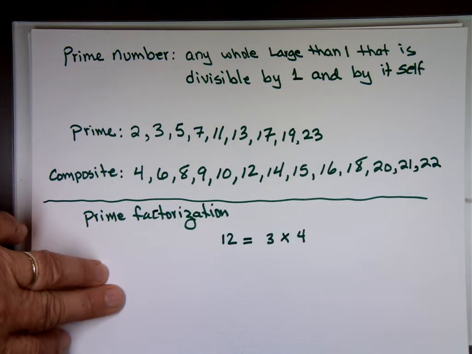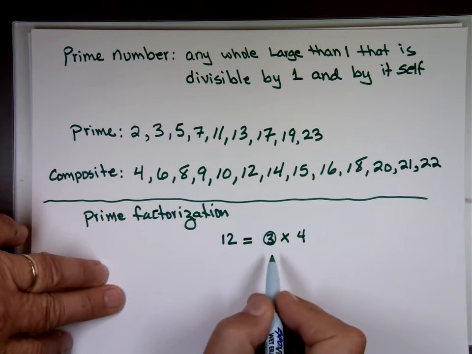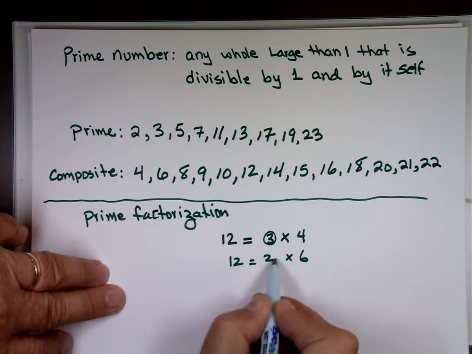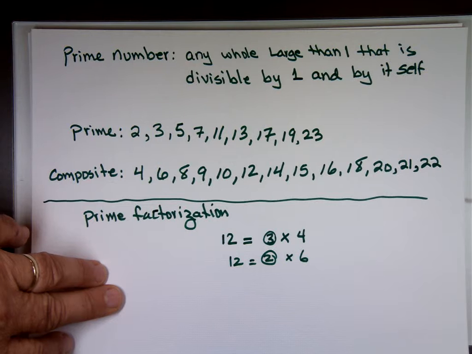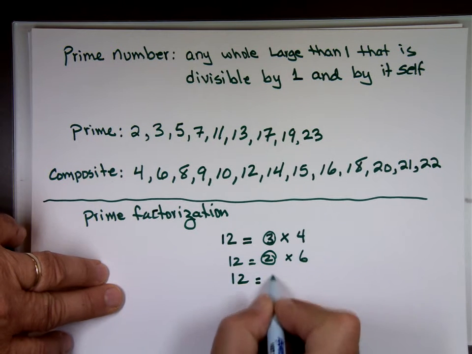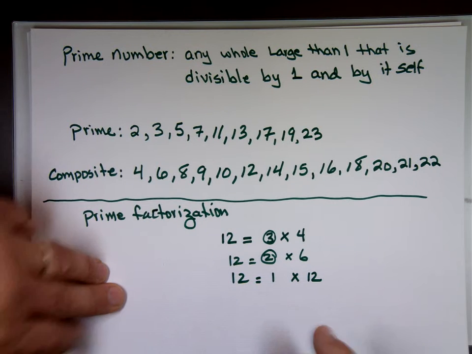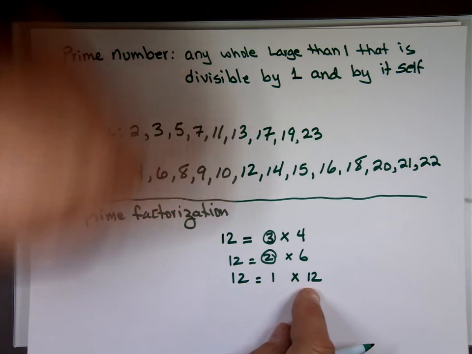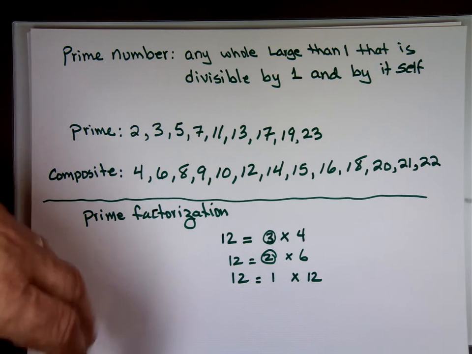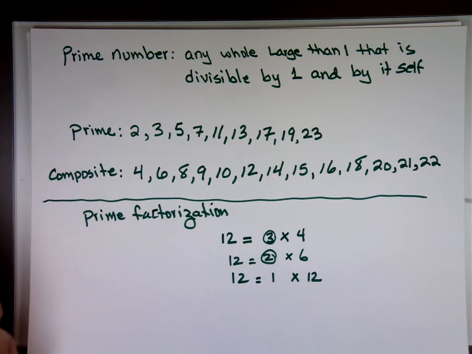That's not good. 3 is a prime number, but not 4. 12, well, that's 2 times 6. 2 is a prime number, 6 is not. 12 is 1 times 12. Neither is prime. 1 is not a prime number. 12 is not a prime number. But I want to write 12 as the multiplication of some prime numbers. Only prime numbers. That's what prime factorization is.